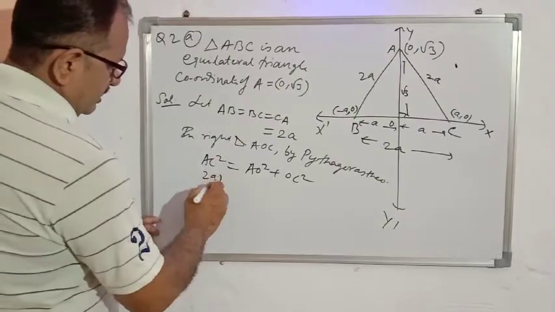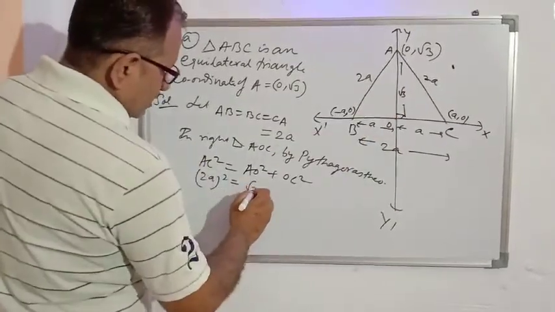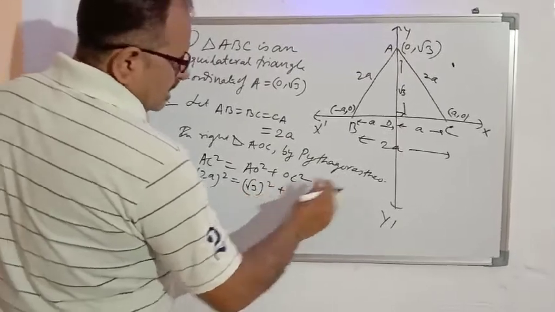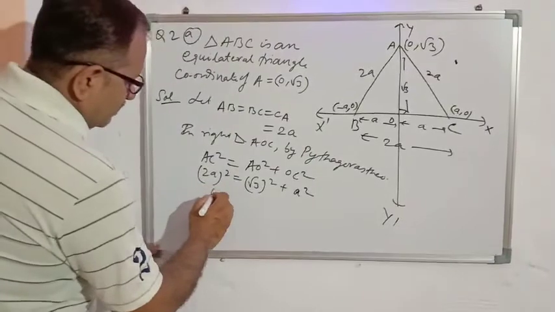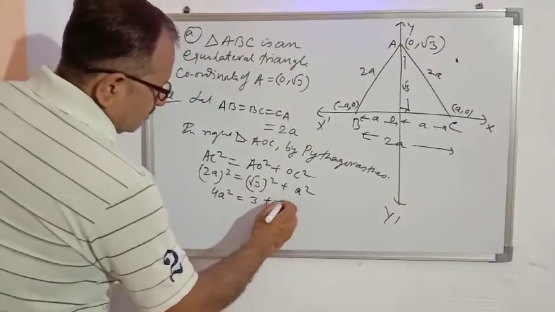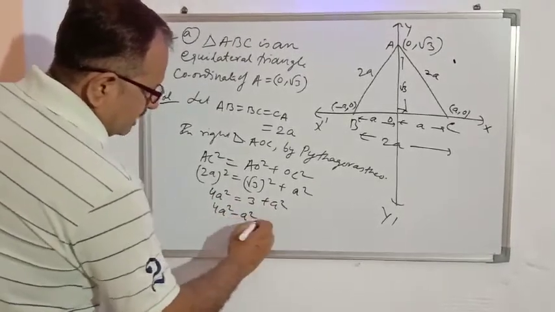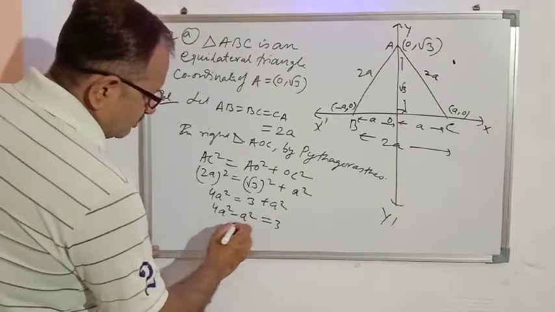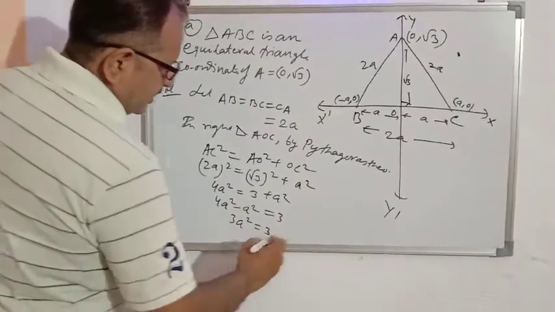AC is 2a, so (2a) whole square, equals root 3 square plus a square. (2a) square is 4a square, root 3 square is 3, plus a square. Transpose it: 4a square minus a square is equal to 3, so 3a square is equal to 3.